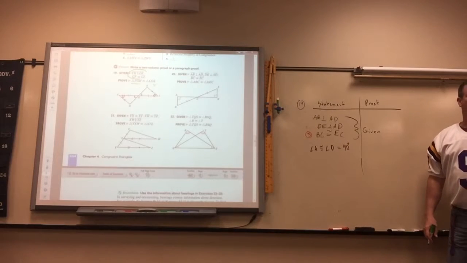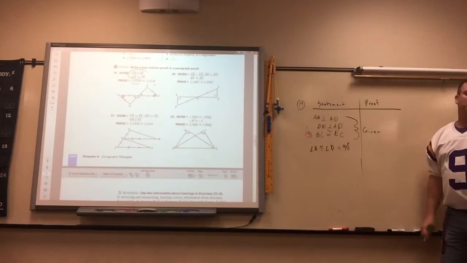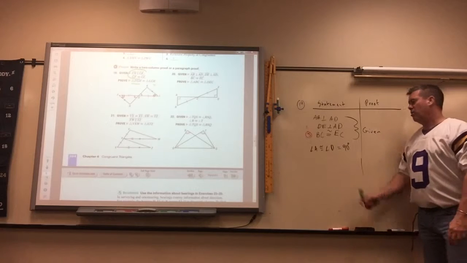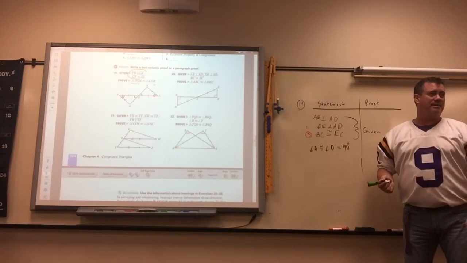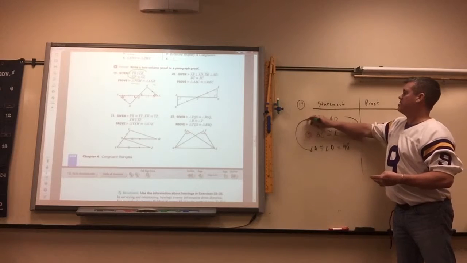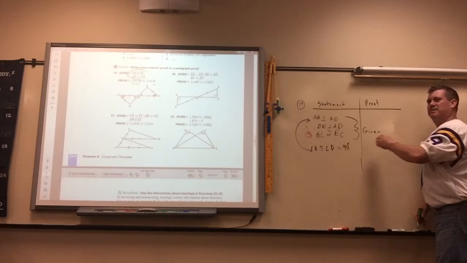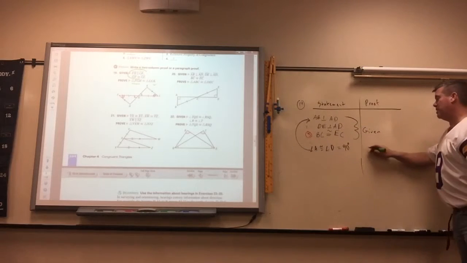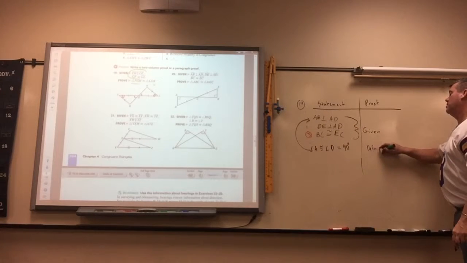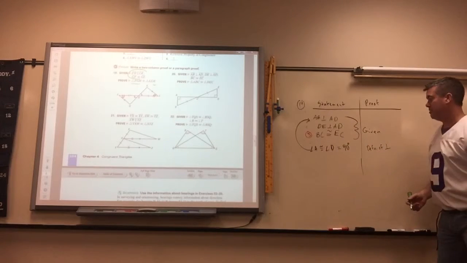Or you could say A and D are both right angles, or A equals 90, I guess this would be the easiest way to do it. Now, the reason why I can say that, and a lot of this is sometimes just common sense: why can I say that they're equal to each other and they equal 90? They're perpendicular. Definition of perpendicular. That's why they gave us this, so you could write that.